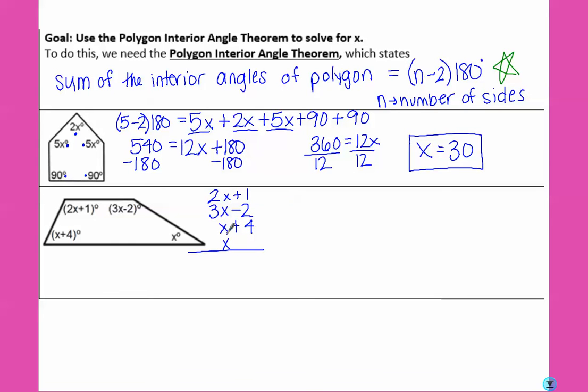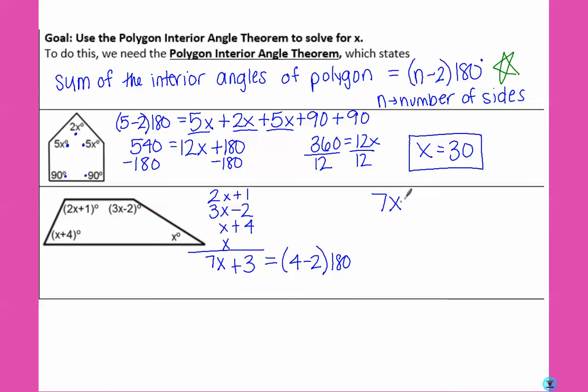2x plus 3x plus x would be 7x. 1 minus 2 is negative 1, plus 4 is 3. And we know that that equals 4 minus 2 times 180.